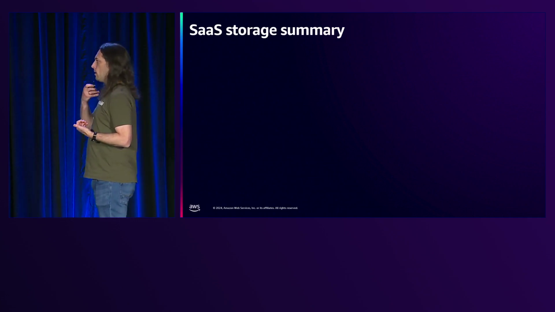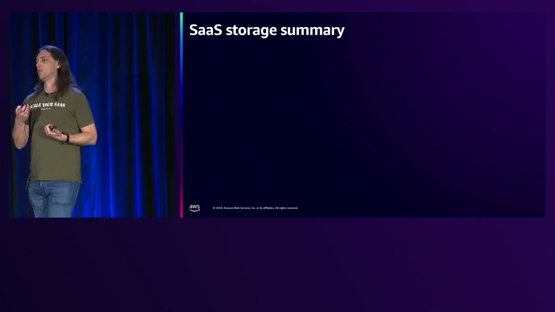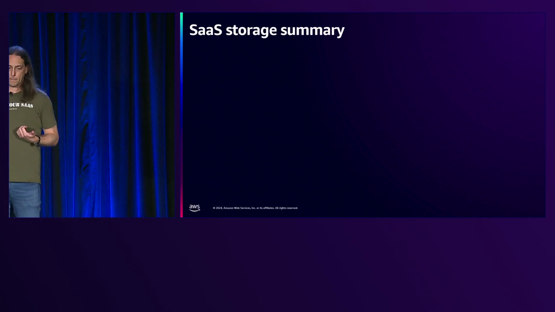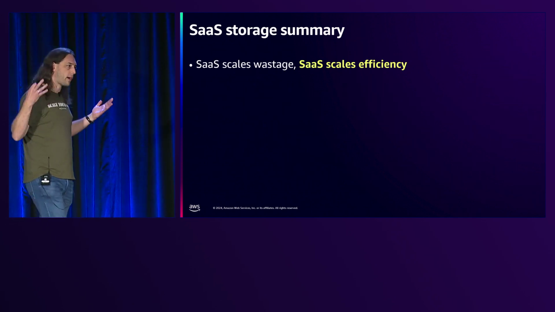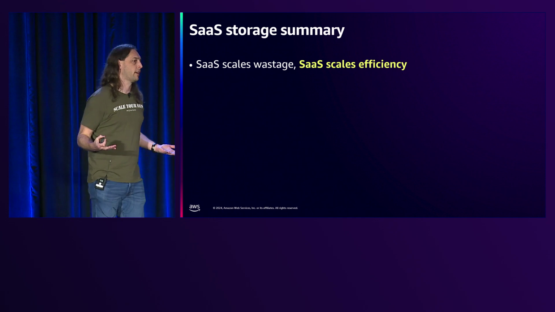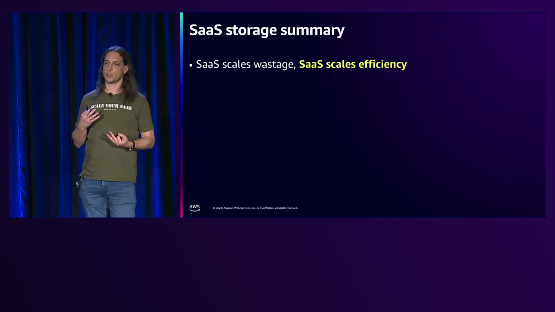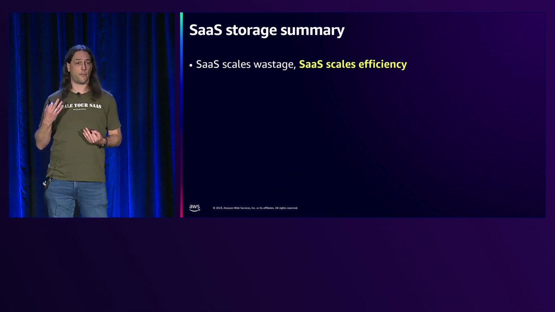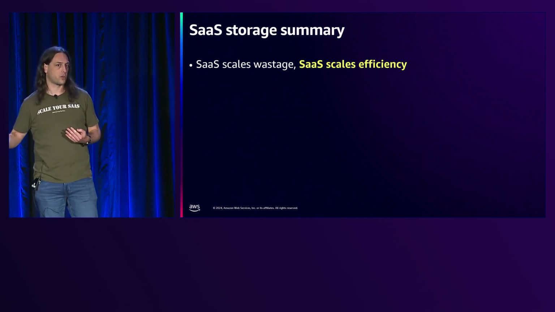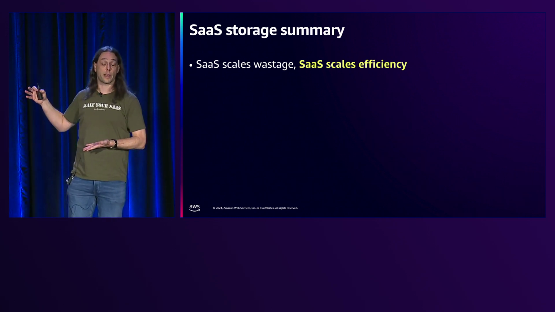And if we think about the takeaways that I'd like you to have from this session, well, remember that SaaS is going to scale. It's going to scale your wastage, it's going to scale your efficiency. And that efficiency could be the difference between you turning a profit or not. So efficiency has to be a first-class citizen when we talk about storage architectures, especially once you're in that growth phase.